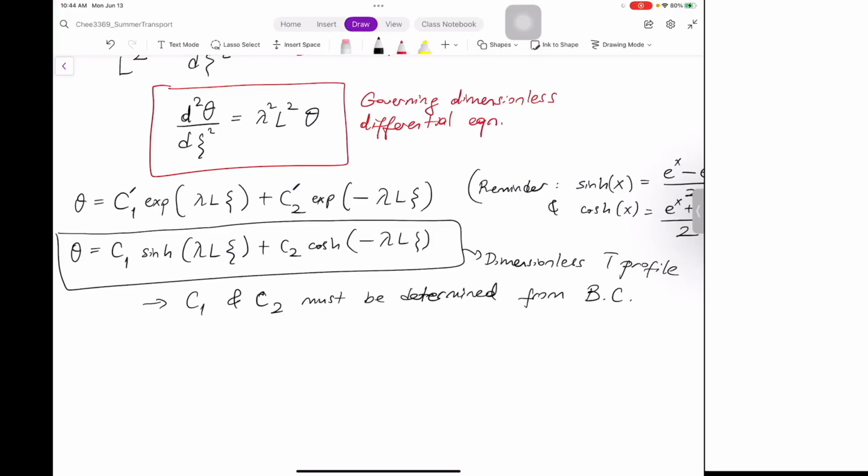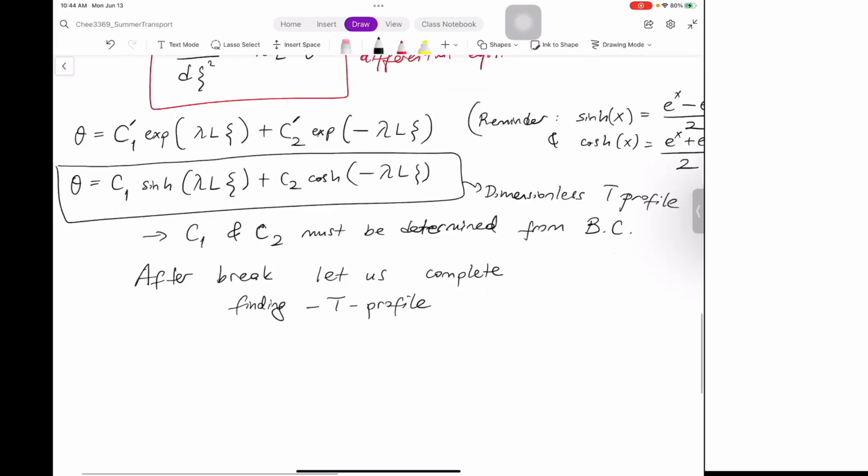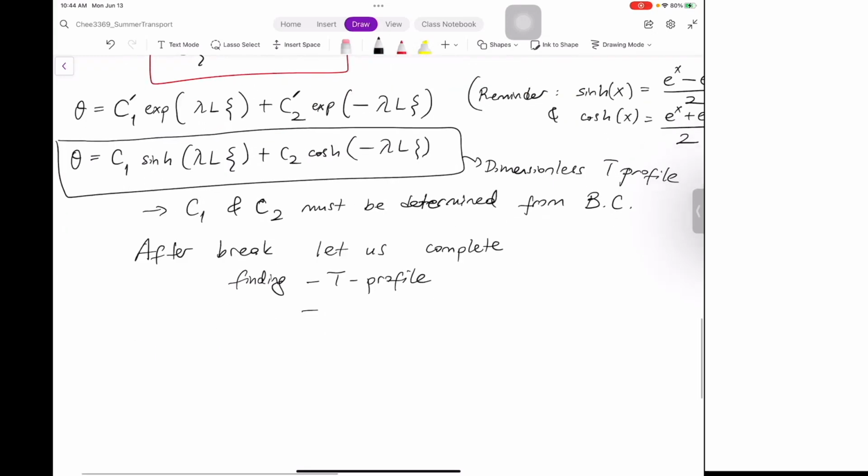Okay, so after break, let us complete finding the T profile. Okay, and then estimating the heat loss rate.